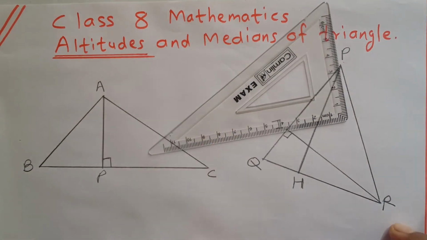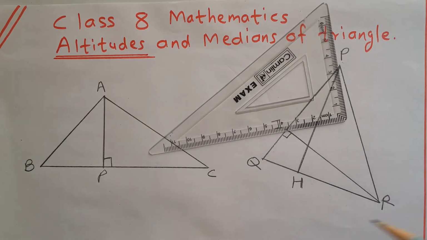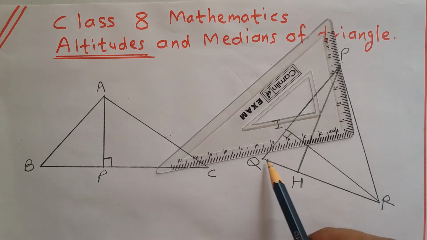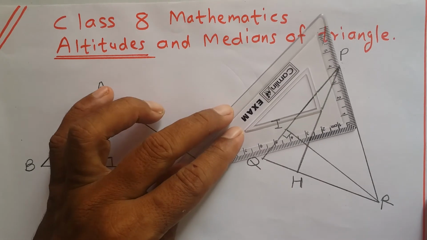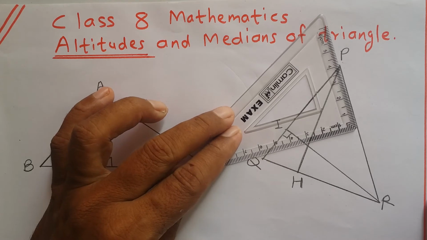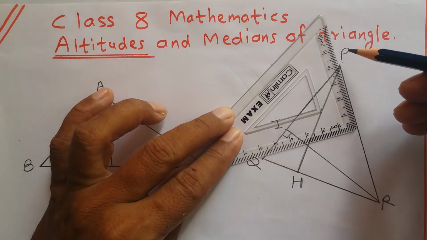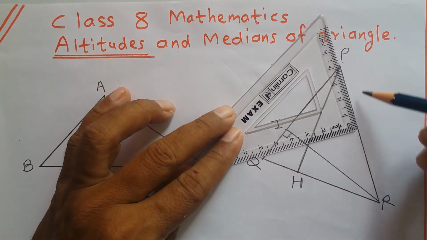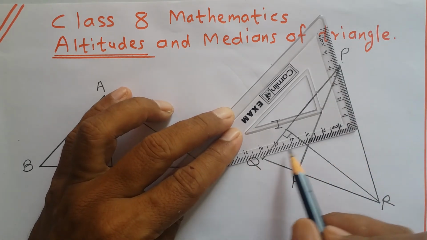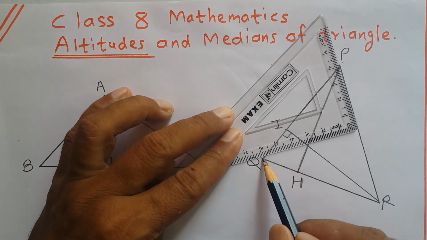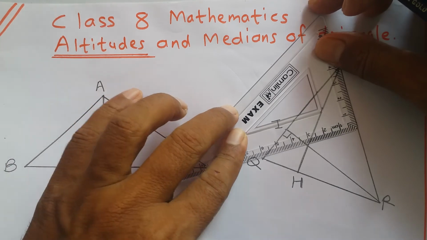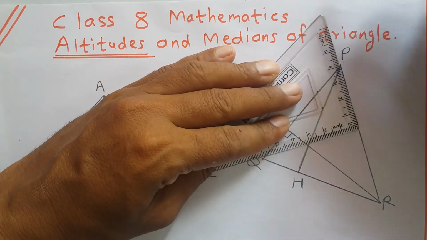You can draw one more altitude. Suppose you want to take PR as base, then let us draw a perpendicular on PR from the vertex Q. See, match this set square with PR, coincide this side of the set square with Q, and now if you do it correctly, then you can draw with accuracy.